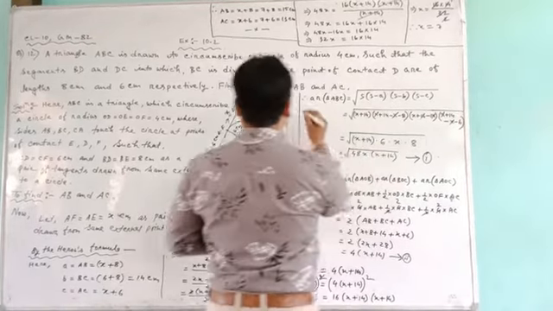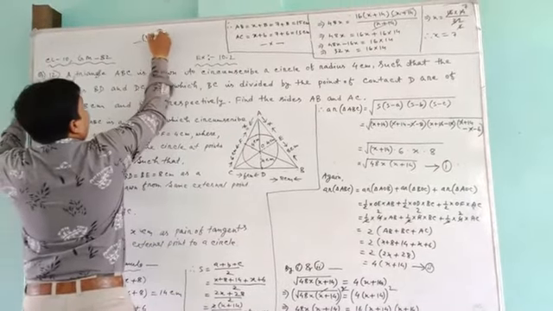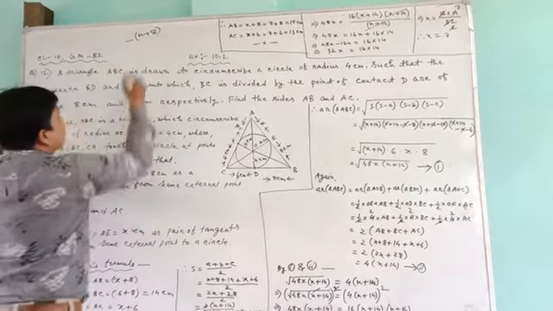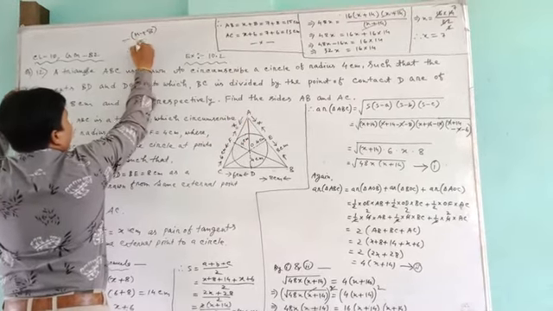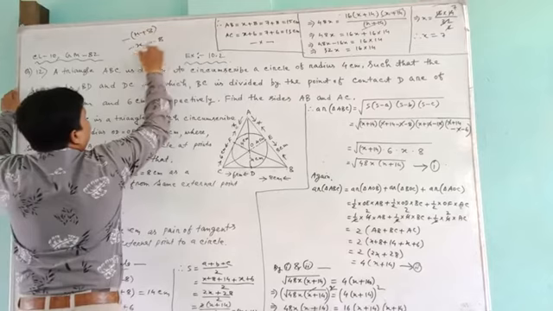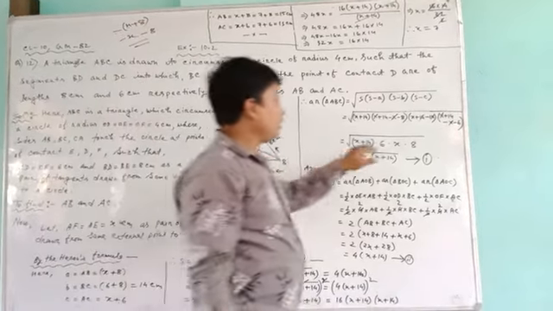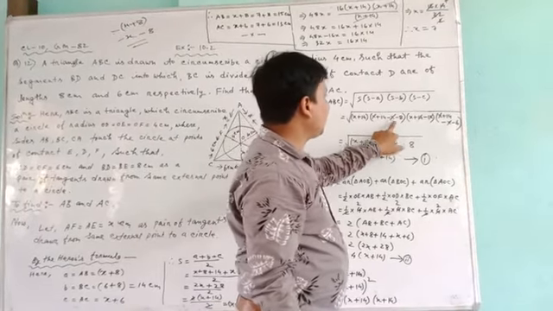Directly multiplying and writing, we get minus x minus 8.